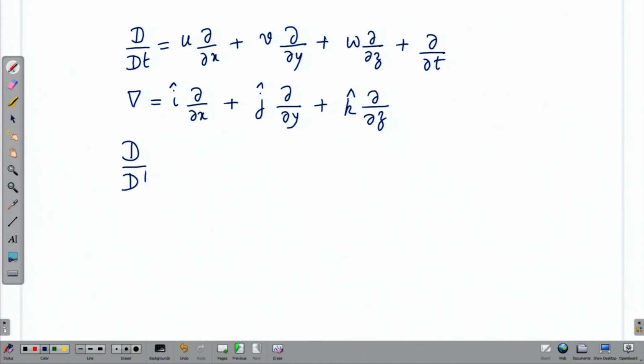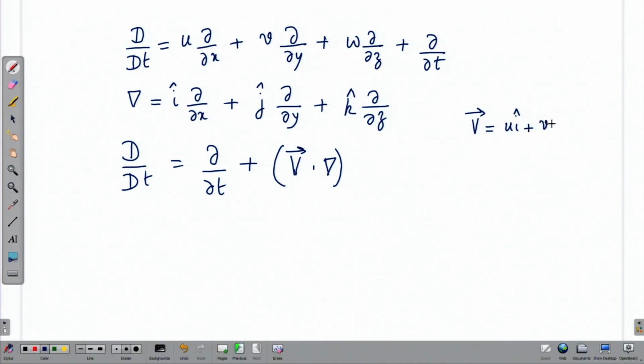In terms of the del operator, you can understand that the substantial derivative can be further expressed as V dot del, because V is Ui plus Vj plus Wk, and we have already written the del operator. So, when you dot these two, it produces U del x plus V del y plus W del z. So, we have been able to work out the expression of a substantial derivative.